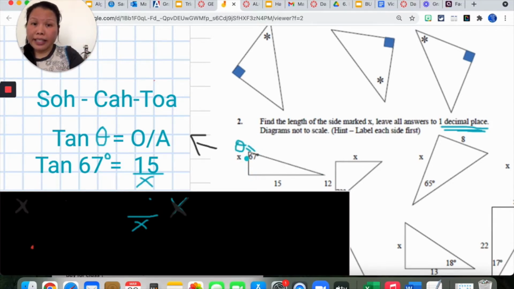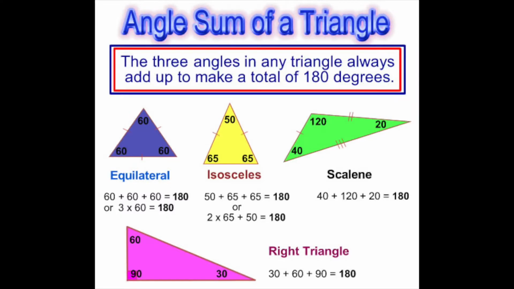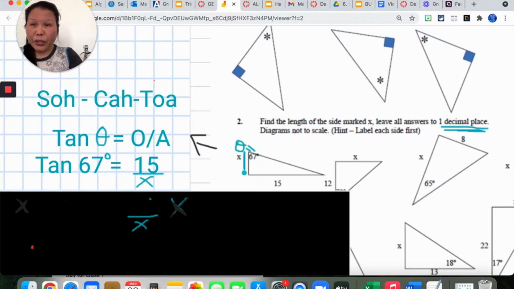X is the side length for this short side. I know it's short because it's across from this angle that is missing. We have 67 degrees here, so the missing angle is around 23 degrees because 23 plus 67 is 90 degrees, the sum of the three angles in the triangle. So that's how I know this is a short side.